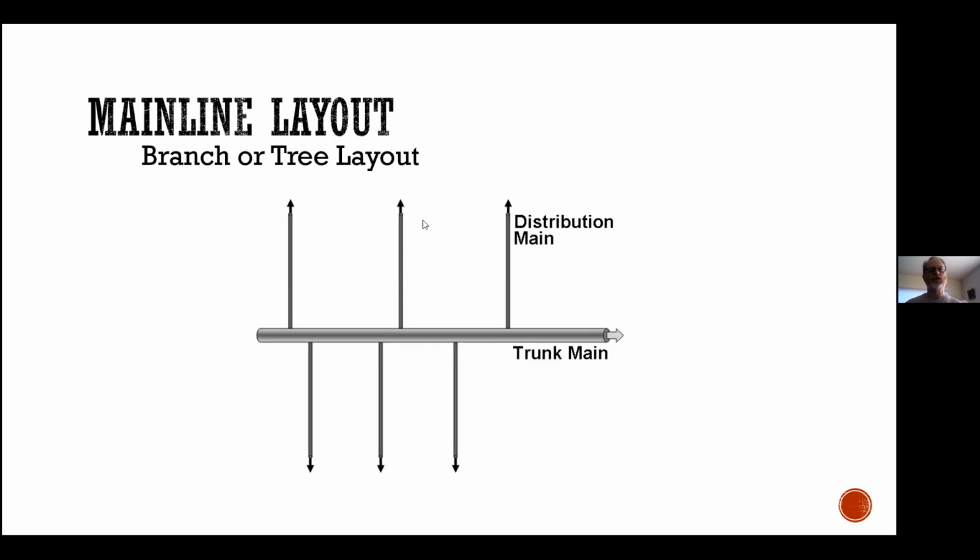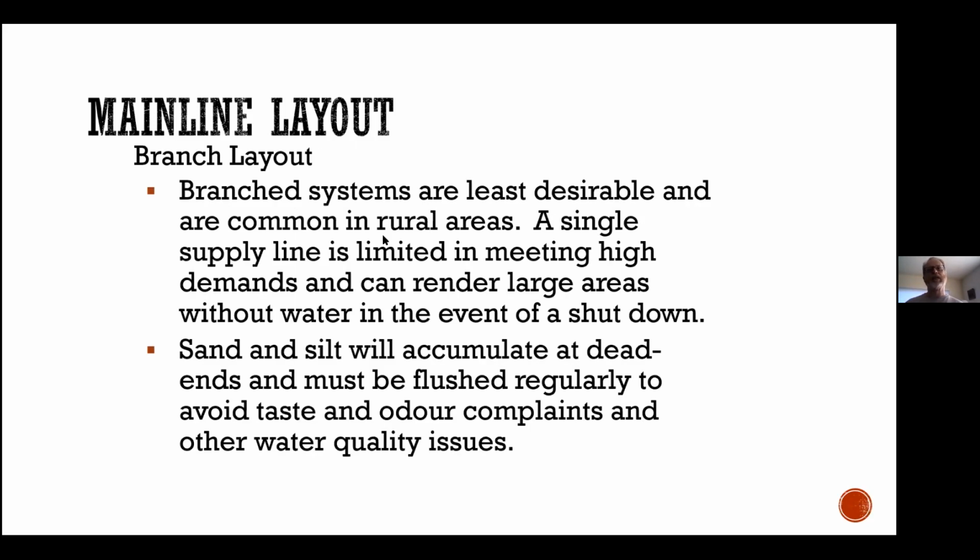So that's a branch or a tree, right? Most common in rural areas. Again, the grade line is going to be much steeper because you've only got the one supply, and then each branch is going to take a little bit of energy off that trunk, right?